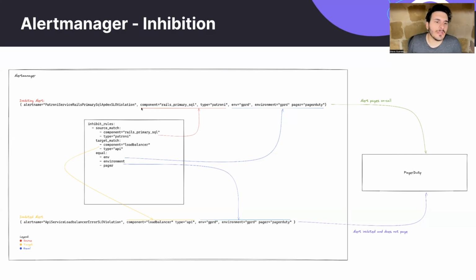So if the type Patroni alert is firing, it will page the on-call. And if we have this inhibition rule configured, and this alert type API fires, it will target match it, and it will end up being inhibited because we have this source match here.